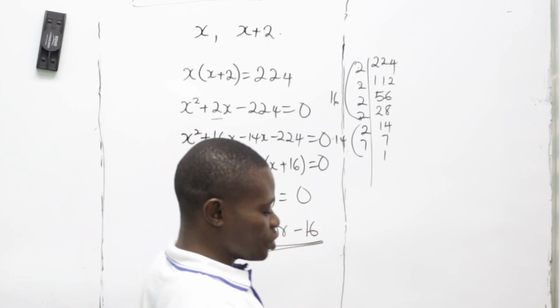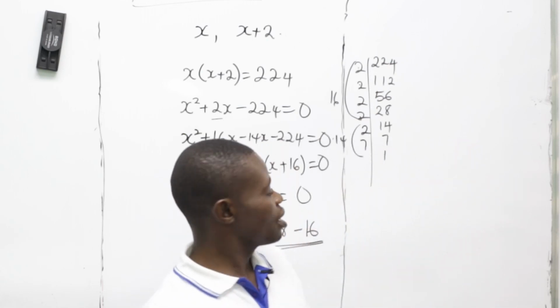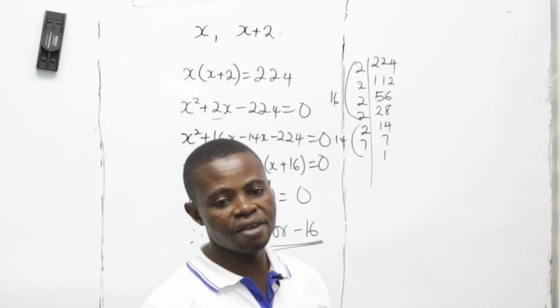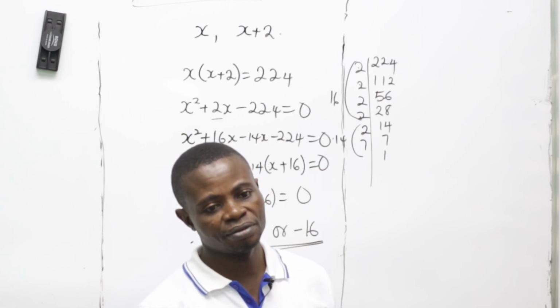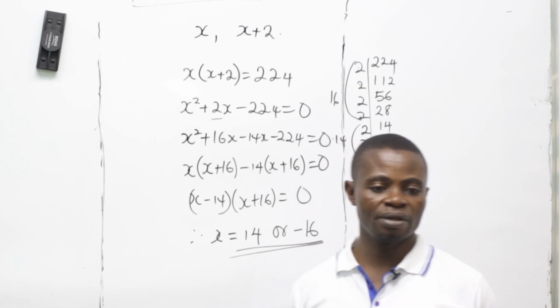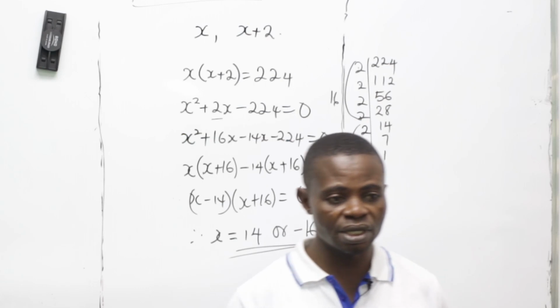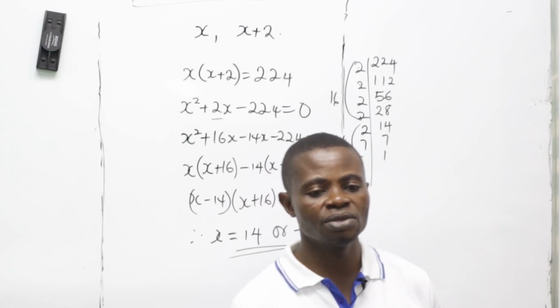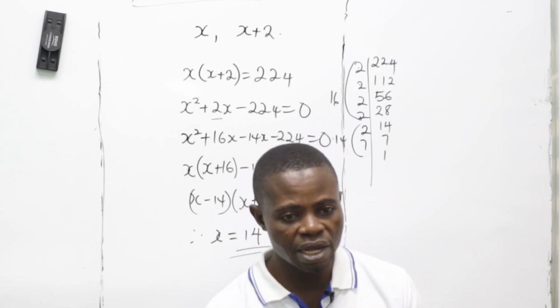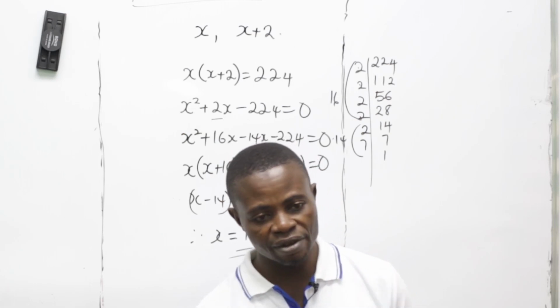Look at the 2 consecutive even numbers, okay? 14 is an even number. 16 is also an even number. So that's how to handle this kind of question. When you see it, take your time to understand the rule guiding it. Is it odd? Is it even?